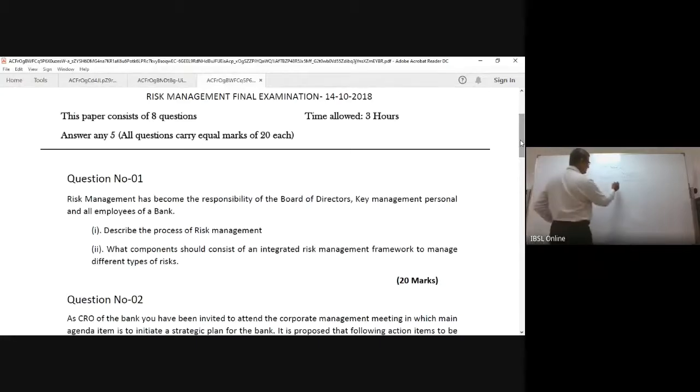Now procedures. We also said, how do you manage risk? You need to have it documented, and these documents will go to all the staff, and based on that they will do their day-to-day business transactions.